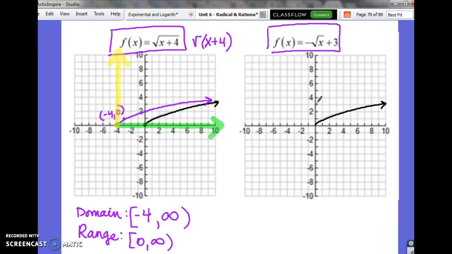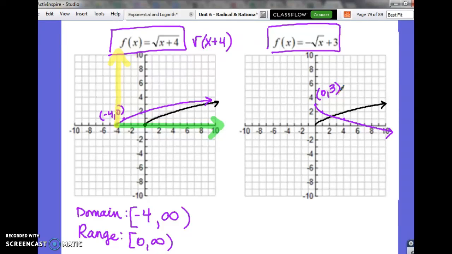So you should have a point at (0, 3), a point at (1, 2), and a point at (4, 1). You can get more points for your graph if you need, but it should look something kind of like that. Our point of origin is the point (0, 3), and that's going to help us some with our domain and range.